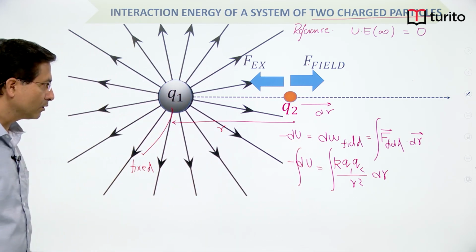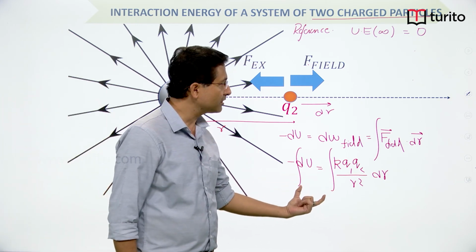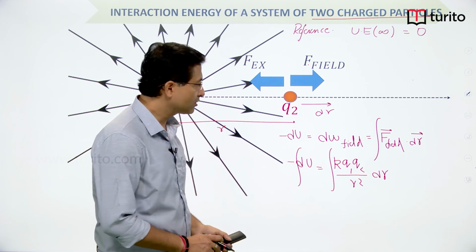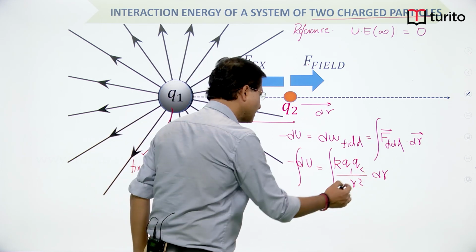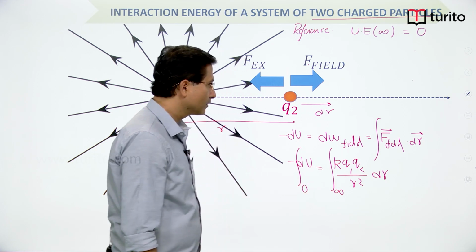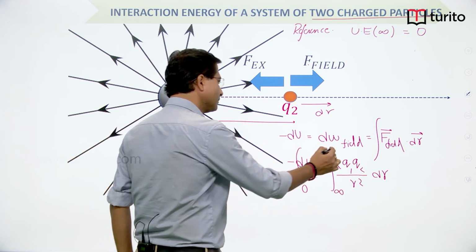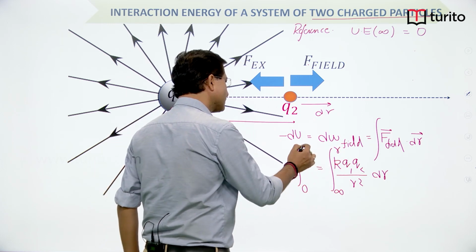Now, I can use the reference: potential energy at infinity is 0. When separation is infinity, the potential energy is 0, and I want to find the potential energy associated with this system when separation is r.